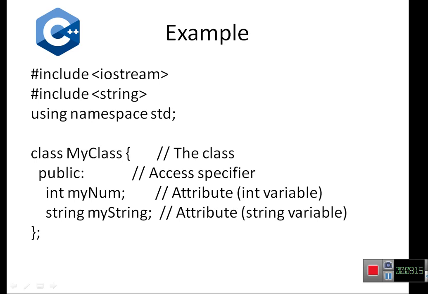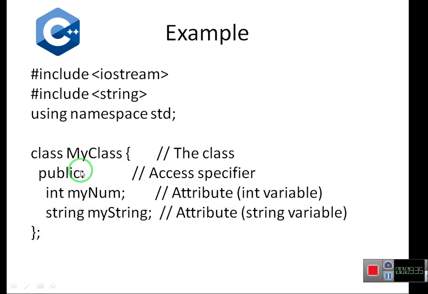So this is our program's class. MyClass is the class name, its body opens here, public is the access specifier, and the colon is important syntax. Here an integer myNum, a string myString, and this is the closing bracket and semicolon. So here we create our class.